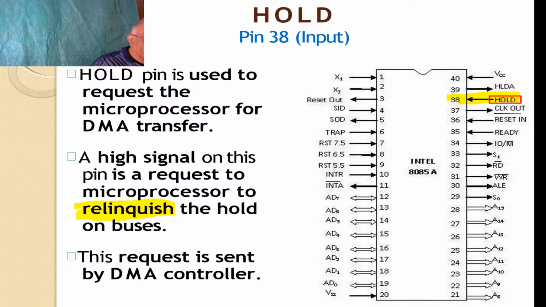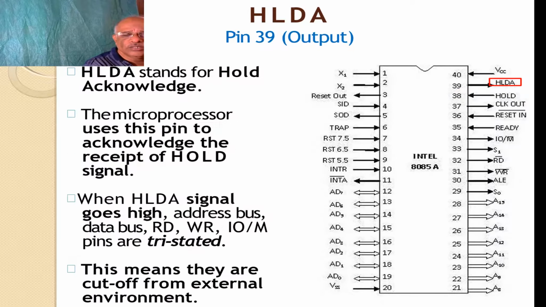Okay, so we will go to the next pin, HLDA, hold acknowledge. This is pin number 39, probably the last pin which we will be discussing. HLDA means hold acknowledge. Once the hold request is received by the microprocessor, it relinquishes the address bus and data bus, and makes those two buses available for the DMA controller.